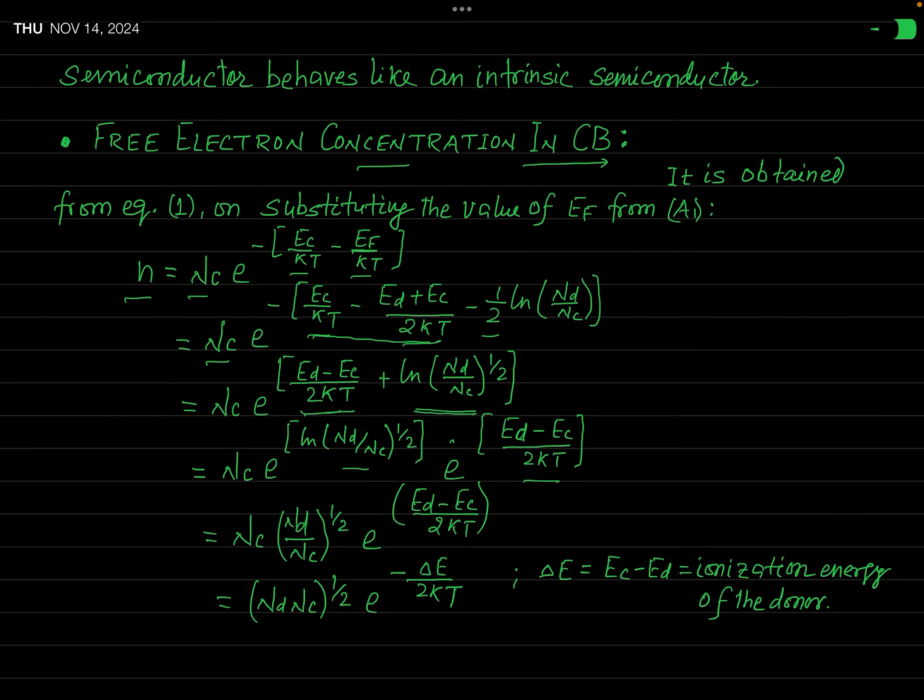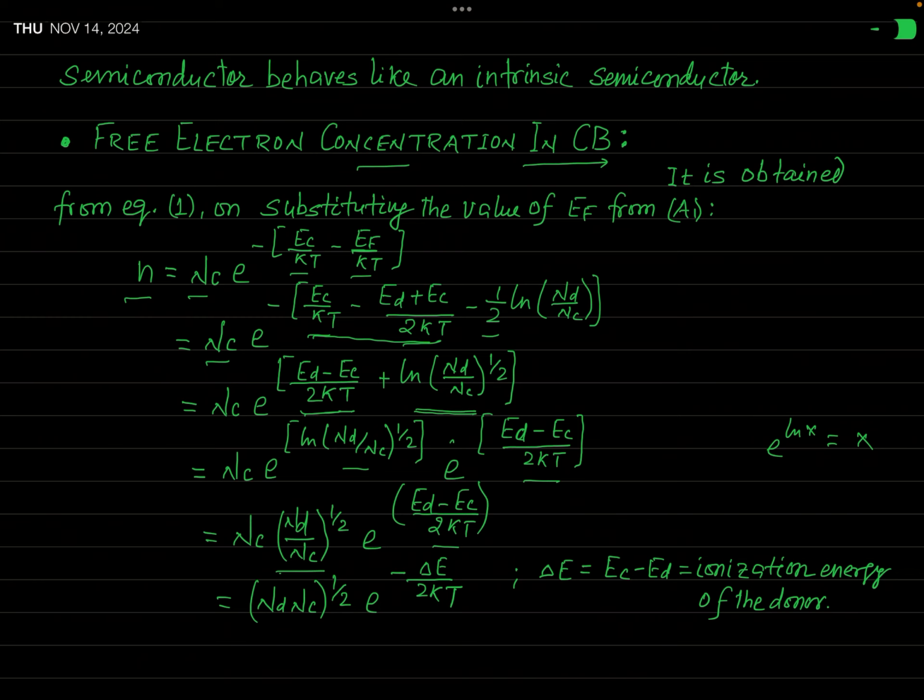But you know that e to the power log x is simply equal to x. Okay. So here this will be simply equal to Nc into Nd over Nc to the power half, times exponential raised to the power Ed minus Ec over 2kT.